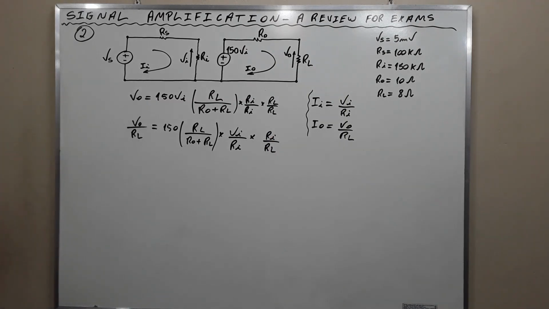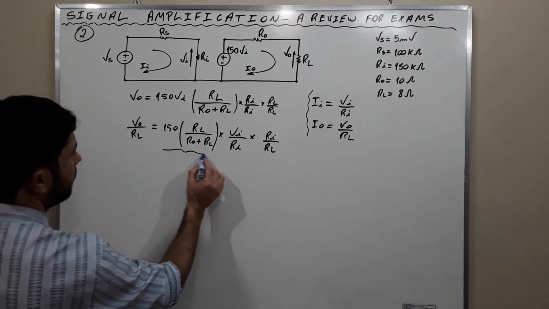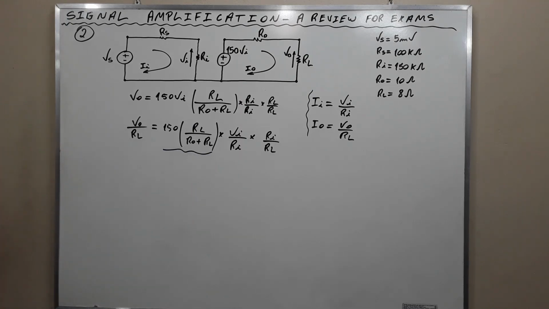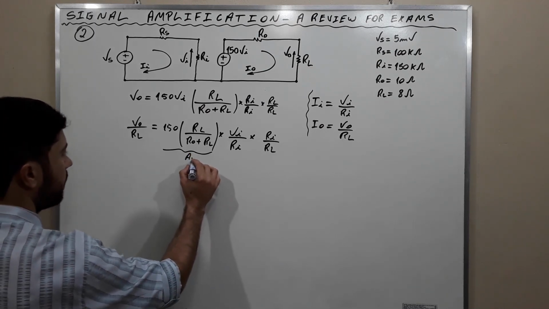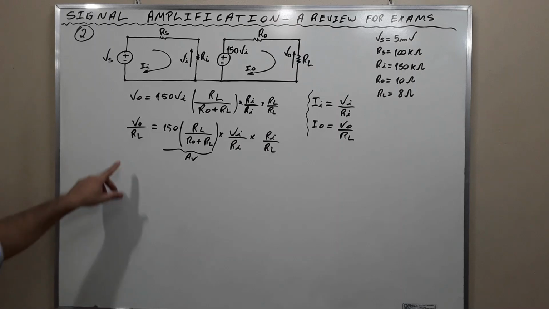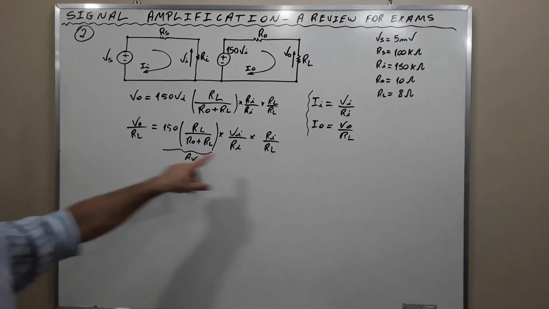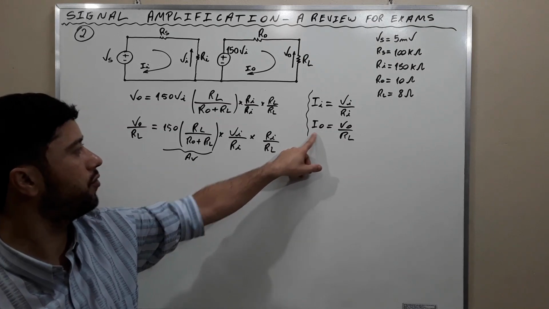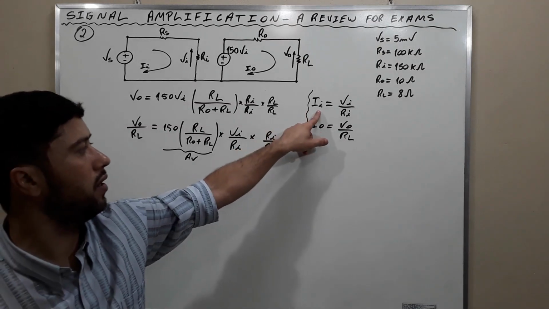Okay? This is the gain, the voltage gain that we calculated in letter A. Okay, this is AV. Here, observe that VO over RL is IO, and observe that VI over RI is II.